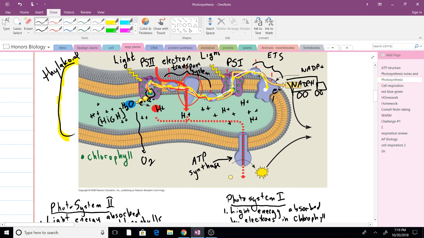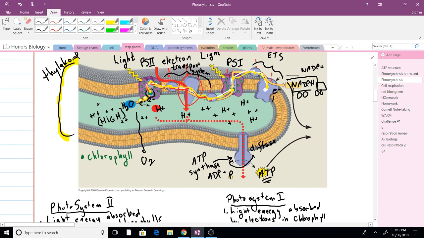So the ATP synthase is allowing the hydrogen ions to diffuse through, and it powers it. It actually spins it. It's a little motor, and I'll show you a little video of it in class. This little enzyme spins around, and as it spins around, it can convert ADP and a phosphate to ATP.